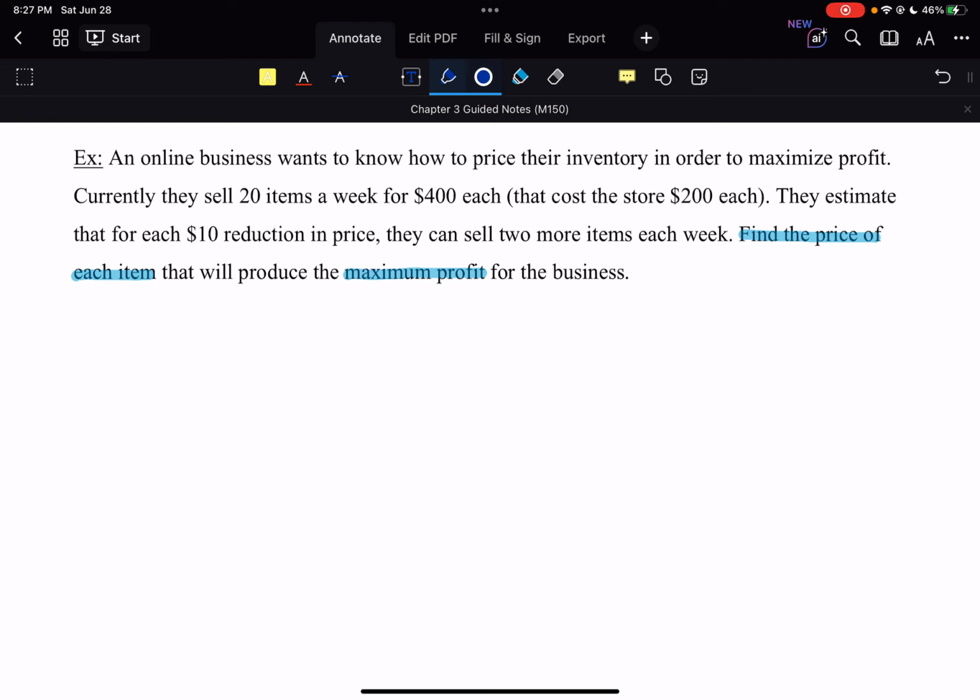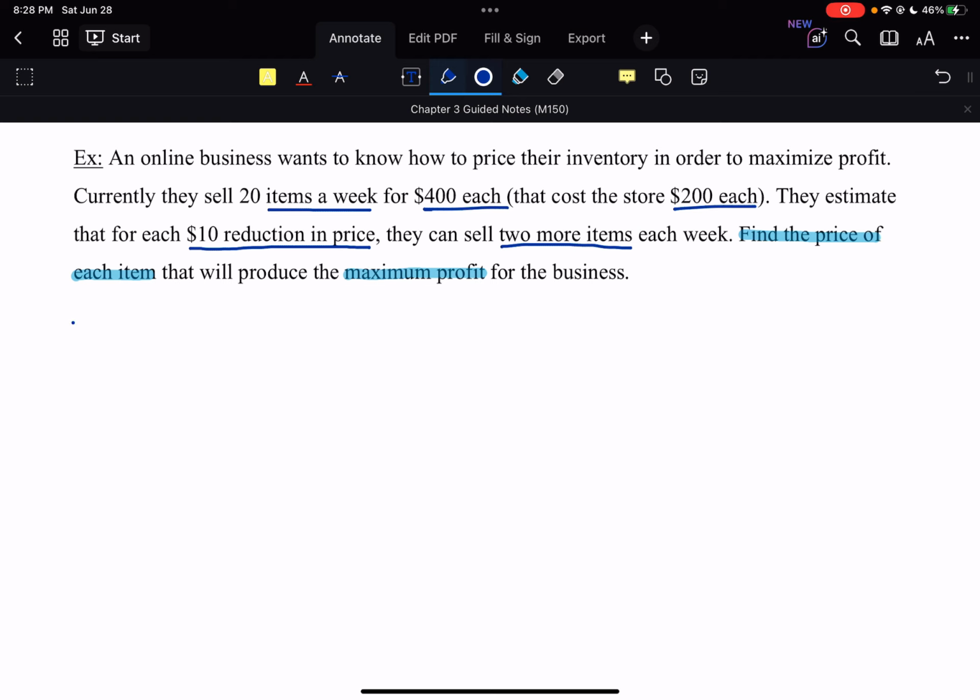So let's see, what do we have here? We have number of items sold per week, right? We have their charging price, the cost of those items, and then they work with $10 reductions in price to get 2 more items each week.